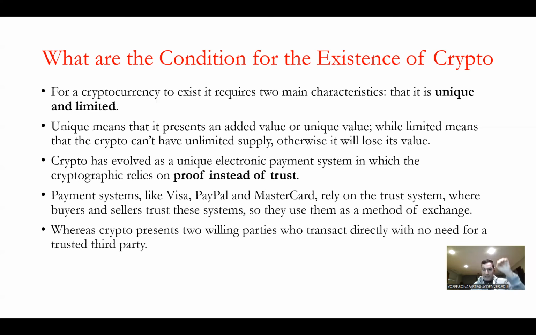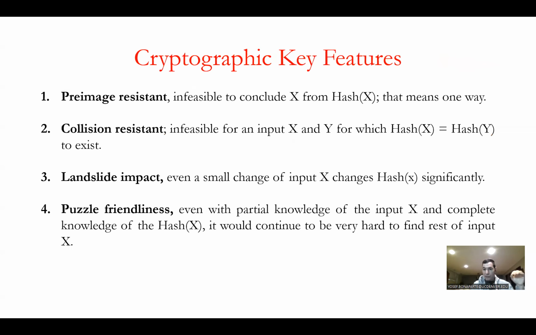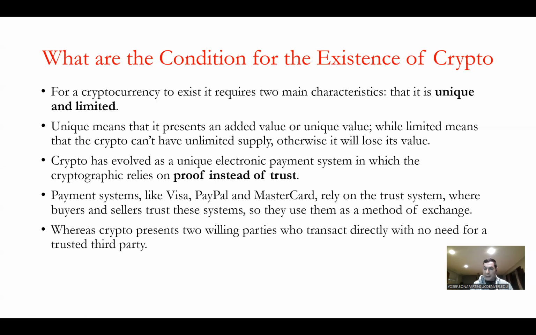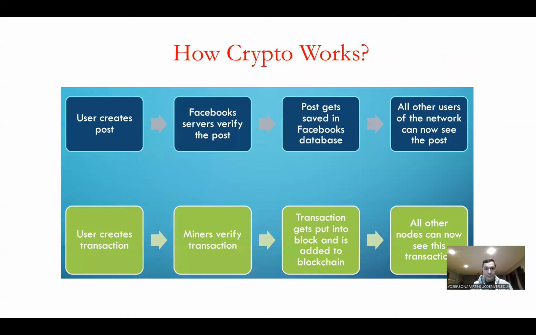No, once it says approved, Visa has to pay the transaction. So this is called trust, you have to trust Visa. In crypto, we have a proof. Proof means between a sender and receiver, the hash function proves that there is no double spending, and then we have the transaction verified.